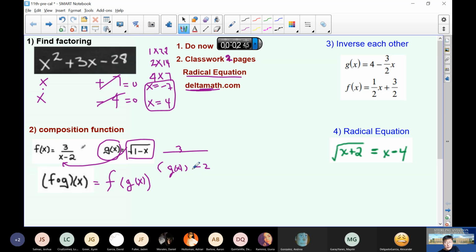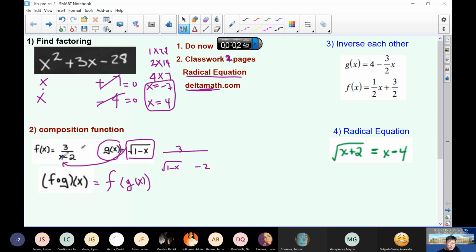Normally g of x needs to go in there, right? That's what it is, but the g function becomes the input to the f function. So instead of putting g of x, we write exactly what it is: square root of 1 minus x. Okay, that's the answer.